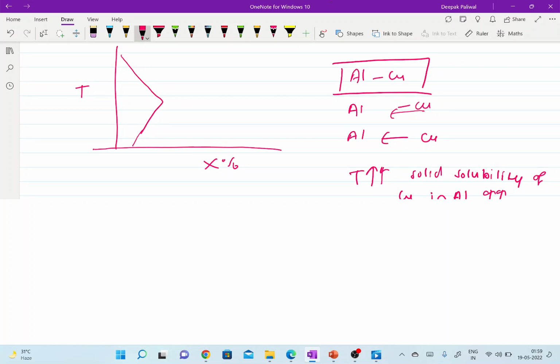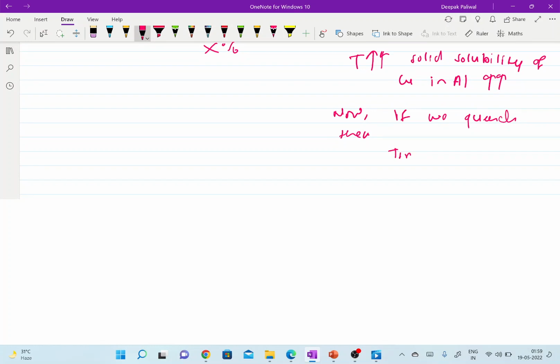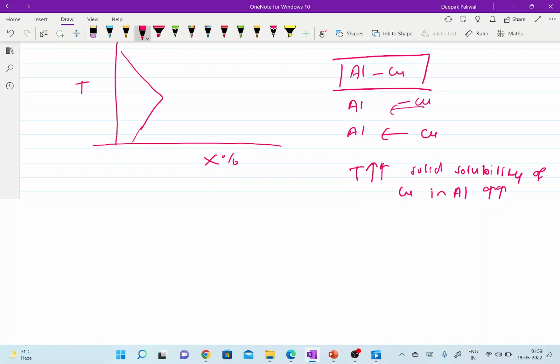Now if we quench the material, the copper atoms do not get sufficient time to come out. We have heated the material in the single phase region and suddenly quenched it. Here the stable state is not a solid solution state, but quenching does not allow time for atoms to come out of the aluminum matrix.